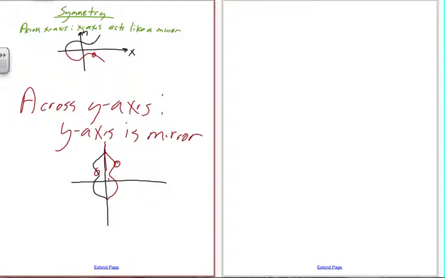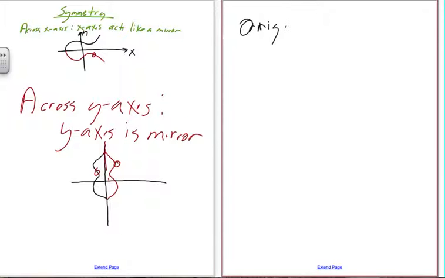Okay, the next we're going to deal with is a little bit harder. Not much, but a little bit. And it's symmetry through the origin, which you should recognize as 0, 0.